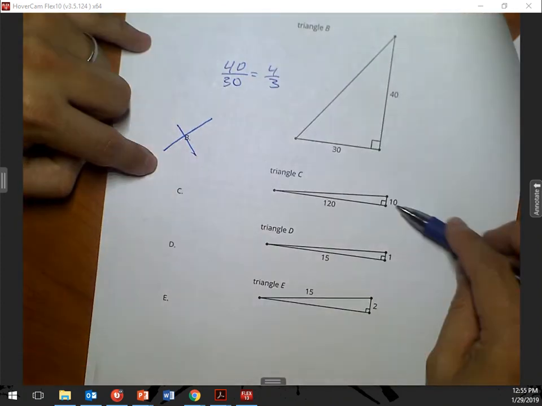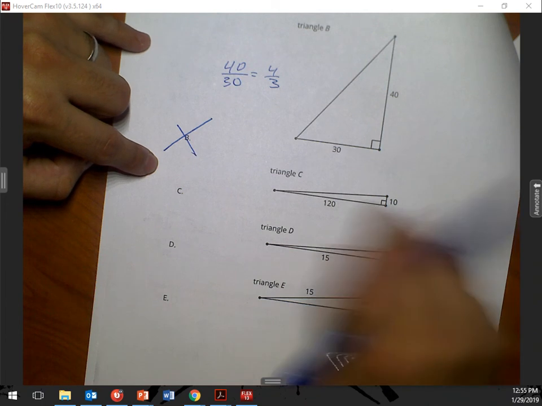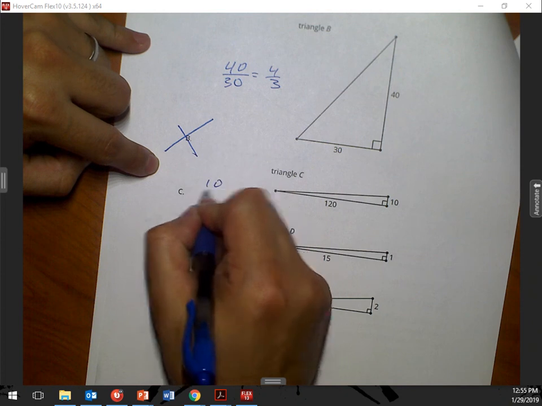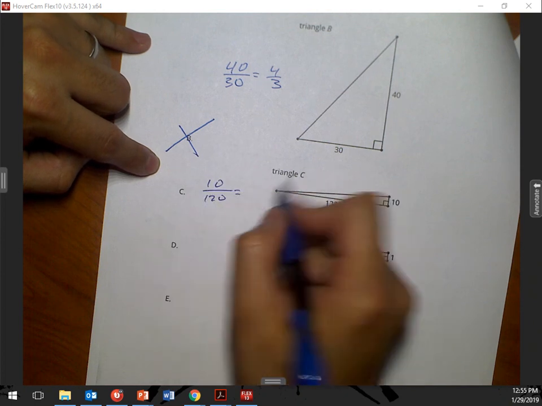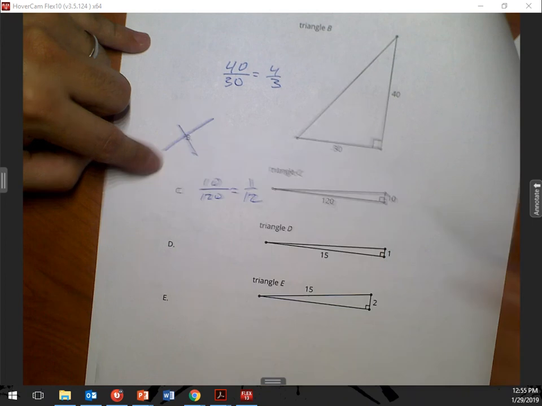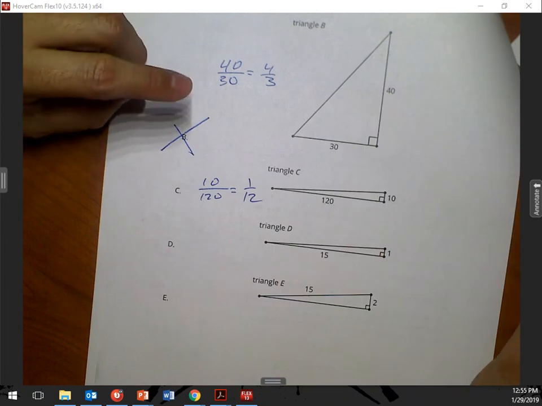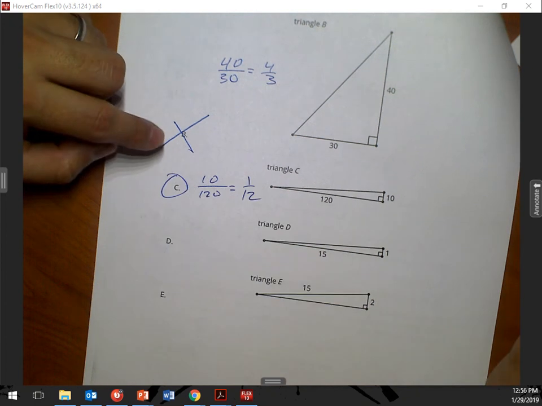What about this one? 10 to 120. So rise over run. So 10 over 120 comes out to be 1 over 12, right? So this one's okay. What about D?